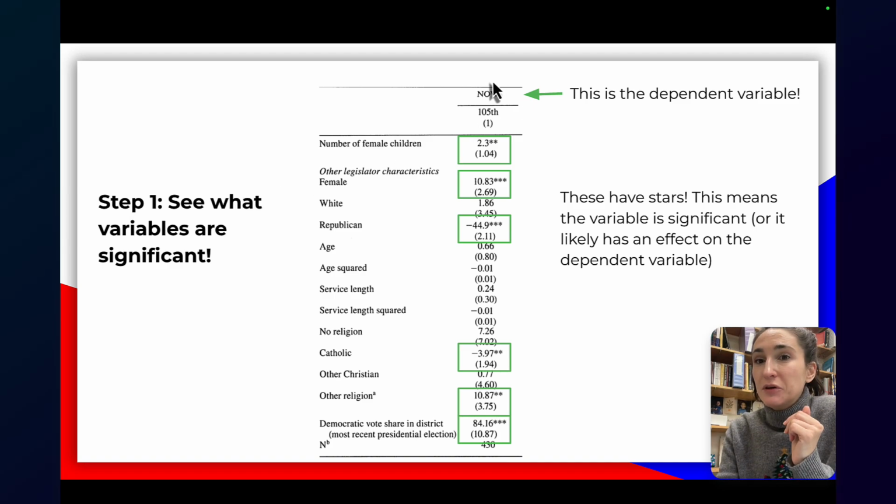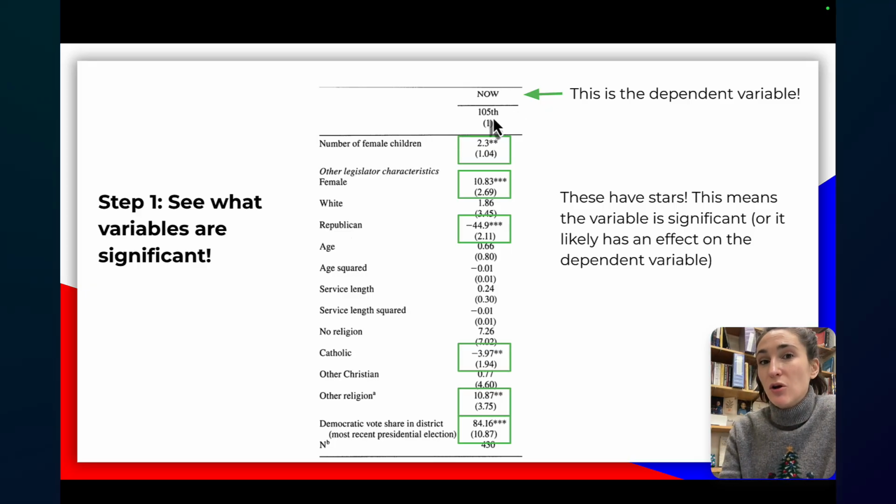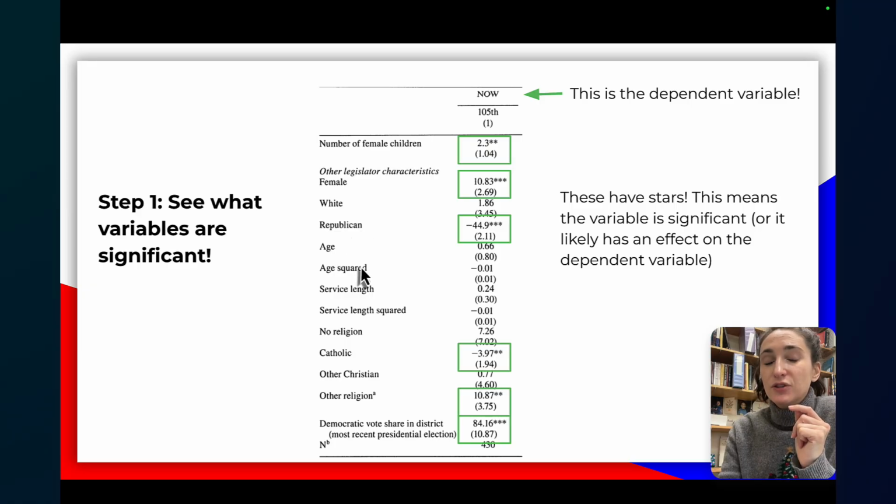So if our dependent variable is how liberally a legislator votes in the 105th Congress, these are all of our independent variables on the left: the number of female children or daughters, the characteristics of the legislator themselves, whether they are a woman, white, Republican, their age squared, how long they've been in office, so service length and service length squared, their religion, so if they're no religion, Catholic, another kind of Christian, or another religion, and finally, the Democratic vote share of the district.